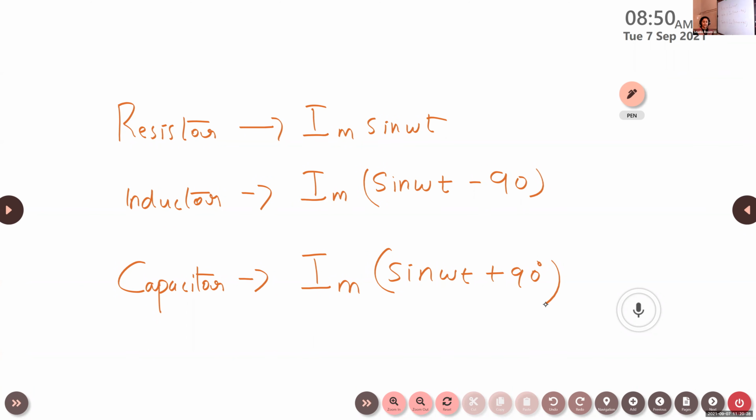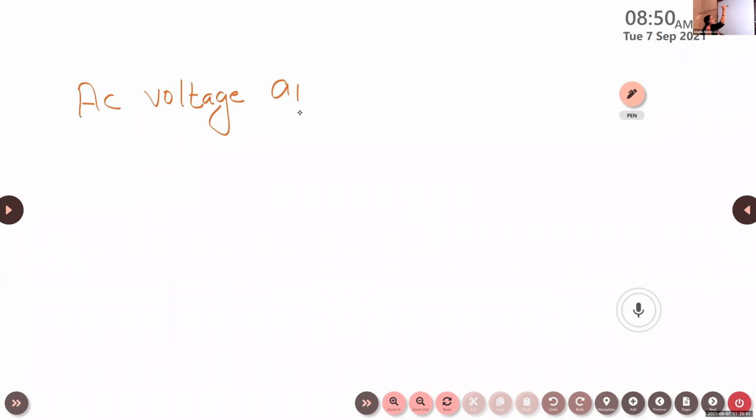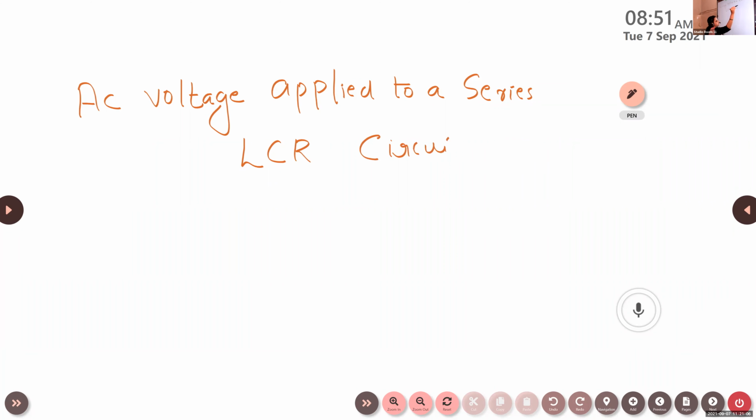AC voltage applied to a series LCR circuit. What do you mean by LCR?